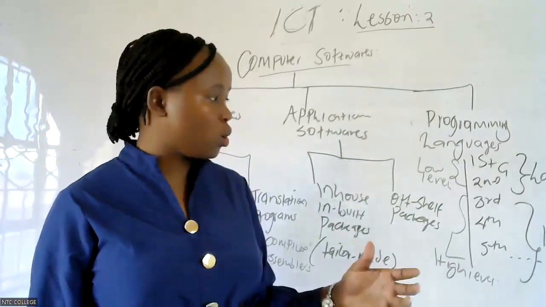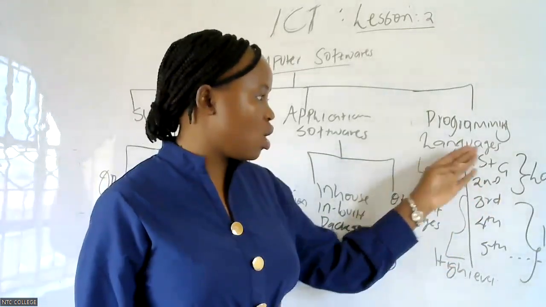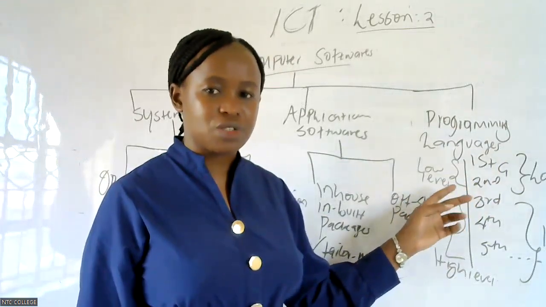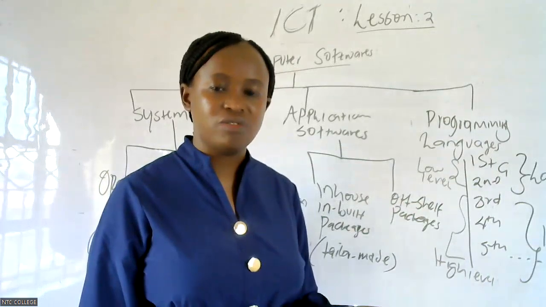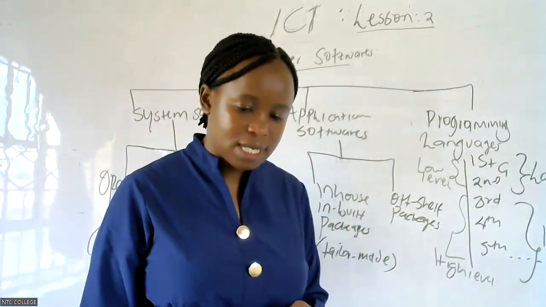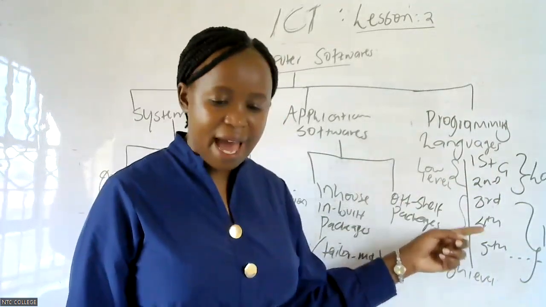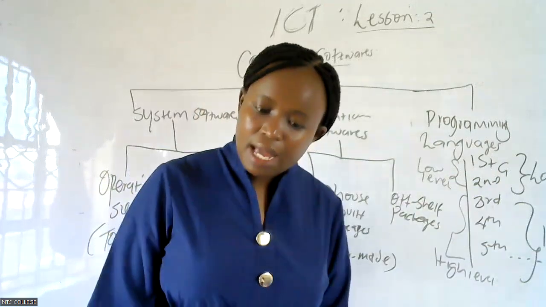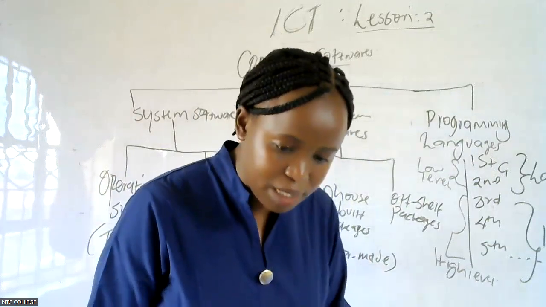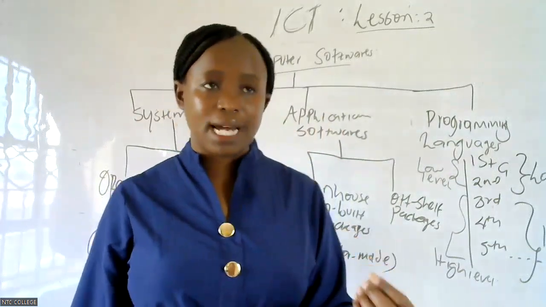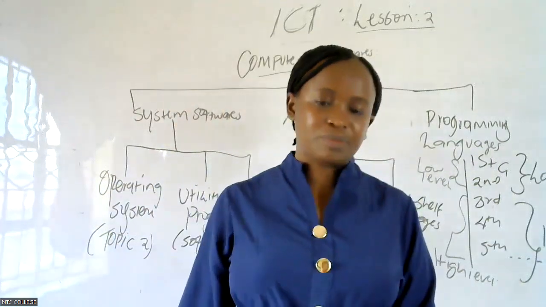So they went on, and these low-level generations were now replaced with the high-level generations of programming languages, starting with the third generation. The third generation was a more developed type of programming language or coding.